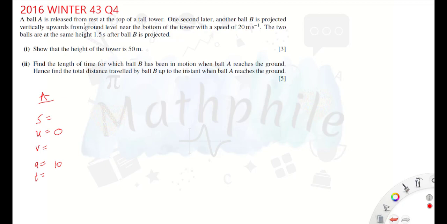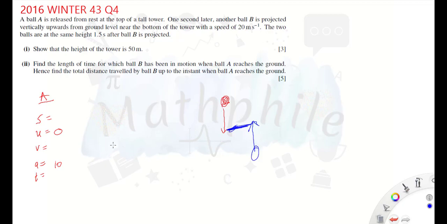A ball is released from rest at the top of a tall tower. 1 second later, another ball B is projected vertically upwards. So 1 second has passed before the second ball is projected. The red ball was released, and 1 second later the other ball was projected, and 1.5 seconds later they are both at the same level.